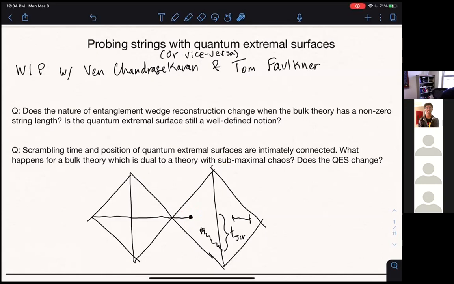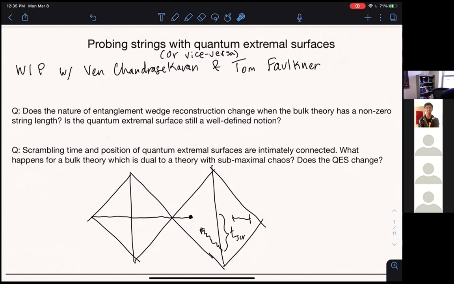Maximal chaos is associated with having a semi-classical gravitational theory in the bulk dual. What does this mean for the quantum extremal surface if you have a boundary theory with submaximal chaos? It still has an exponentially growing out-of-time-ordered correlator, but it is not growing with the maximal Lyapunov exponent allowed by the chaos bound.